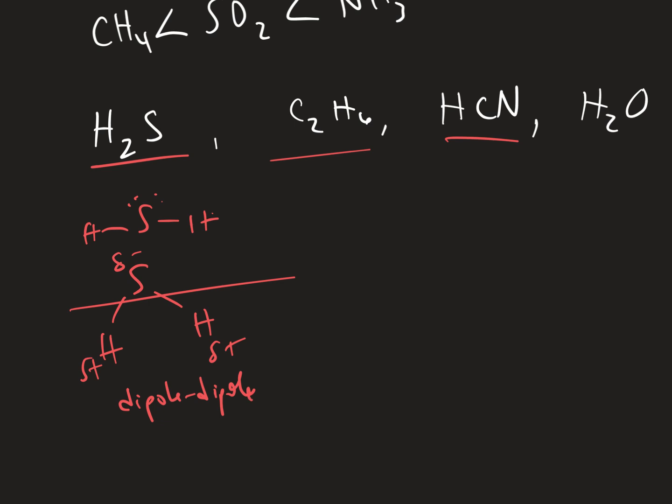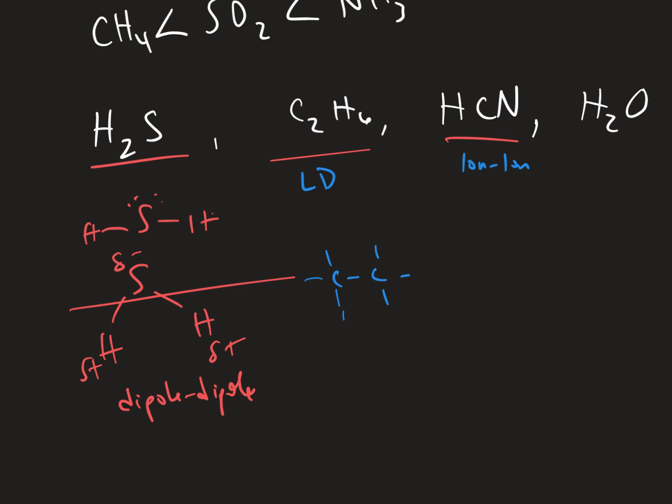What about C2H6? This is nonpolar because, even if we draw it out, we can see carbon-hydrogen bonds. There's 0 polar bonds, right? So this is London dispersion. What about HCN? That's ion-ion, because that has a polyatomic ion in it.